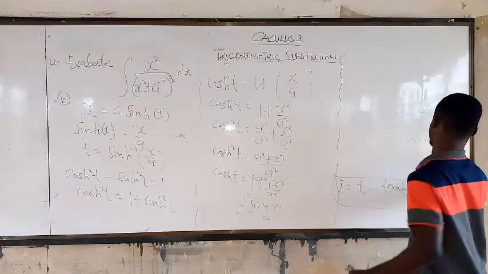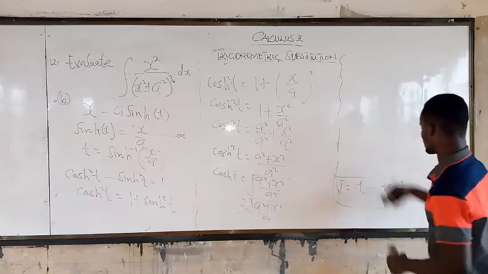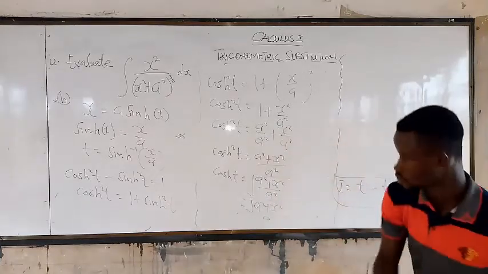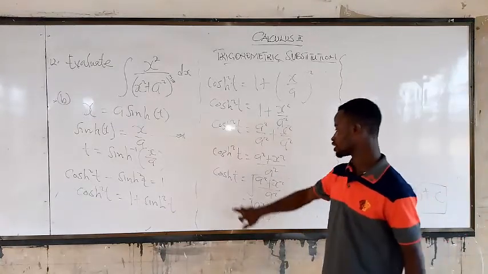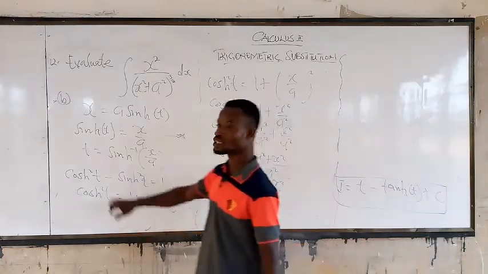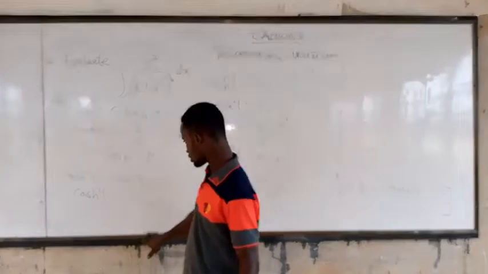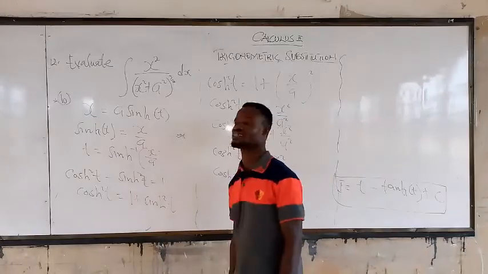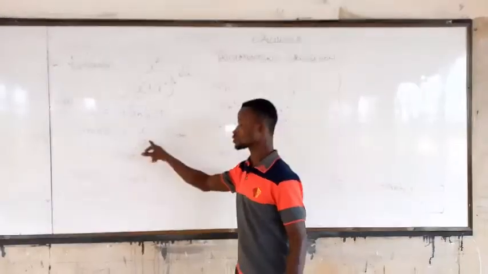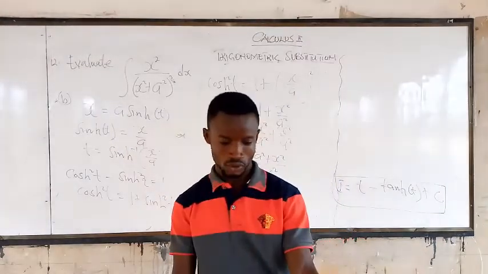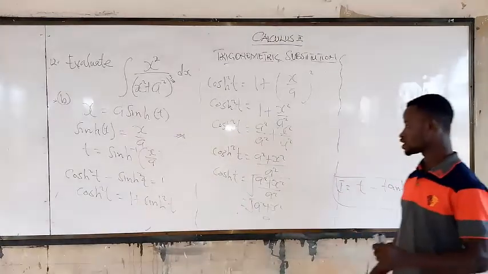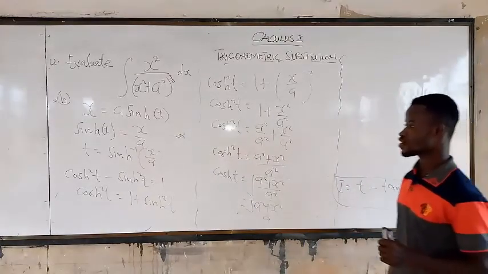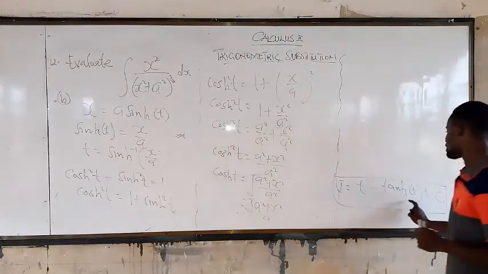So, I don't want to clean these results. That is where we want to work to. So we know that cos t is equal to this. And here we know that sin t is equal to this. Very good. So all that we are doing is that we want to get tan t.